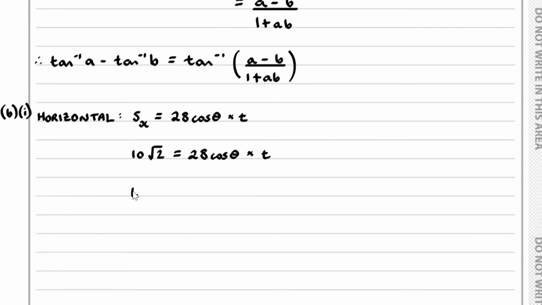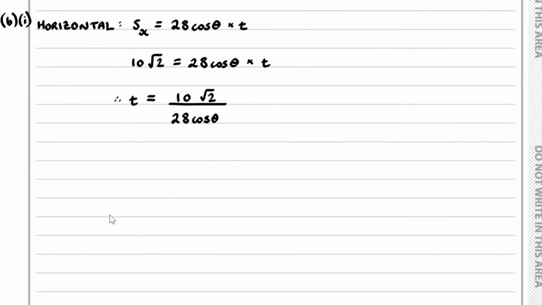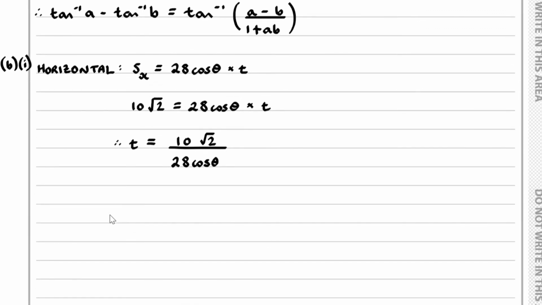And so therefore, t is equal to 10 multiplied by root 2 divided by 28 cos theta. Let's now consider the vertical motion.